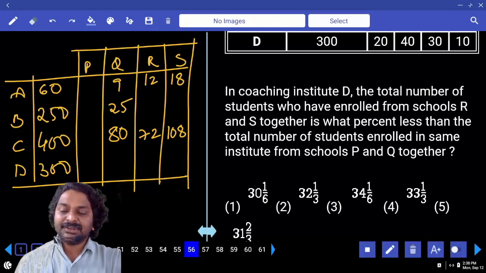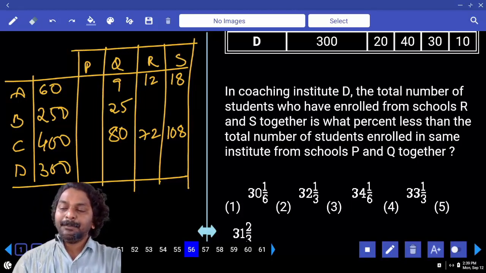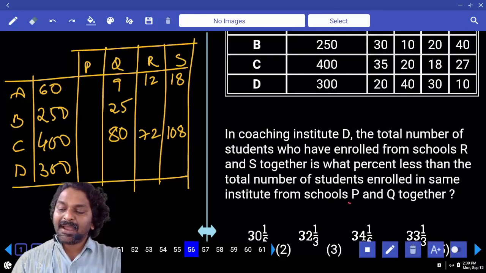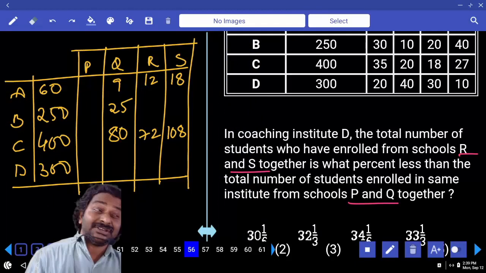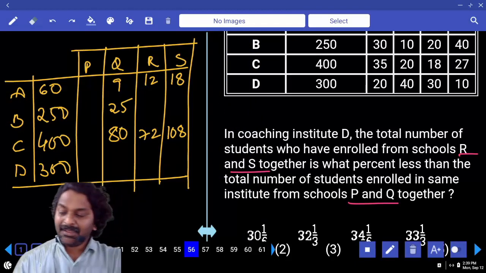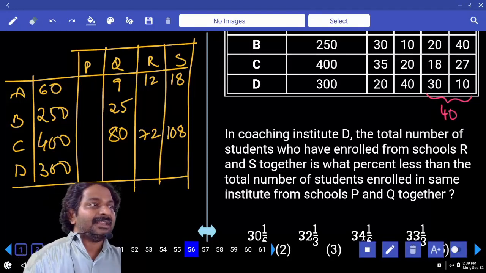In coaching institute D, the total number of students who have enrolled from schools R and S together is what percent less than the total number of students enrolled in the same institute from P and Q? P and Q, R and S. This is for which institution? D. In D, R and S together, what percent do we have? 40. 40% of 300 only.